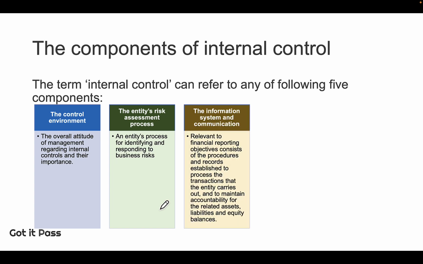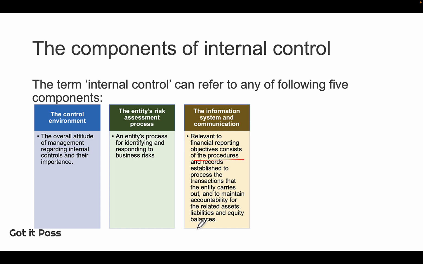The third component of internal control is the information system and communication. Its relevance to financial reporting objectives consists of procedures and records established to process the transactions that the entity carries out, and to maintain accountability for related assets, liabilities, and equity balances.